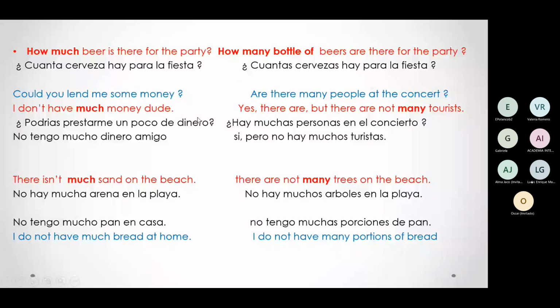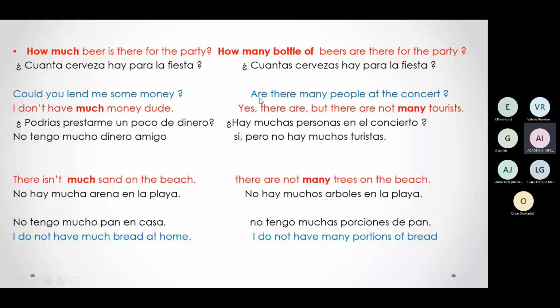Sí, gracias, nunca lo había escuchado. Es como amigo, de una forma bien cercana, dude. Porque friend es amigo, ¿verdad? Friend significa amigo, pero dude también es como un amigo bien cercano. Está bien, gracias.